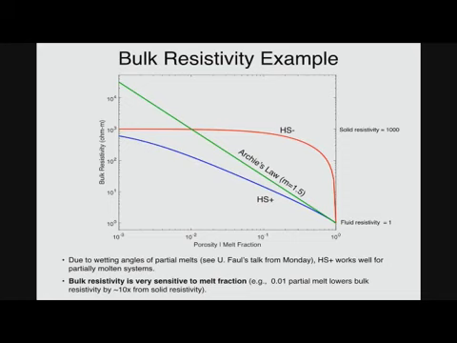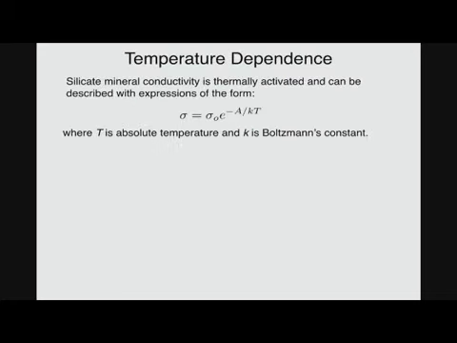Even low degree melts tend to be fairly well connected, and so the Hashin-Shtrikman upper bound is a good approximation to their bulk conductivity. I'm also showing Archie's law here, which would be applicable for sediments, not for this system, but you can see there's a nice decrease in resistivity as the porosity increases.